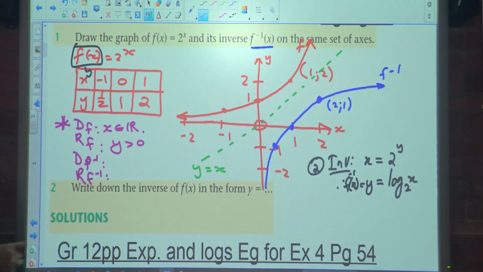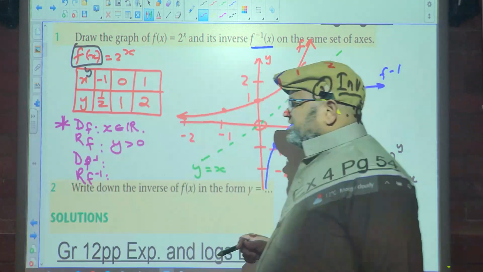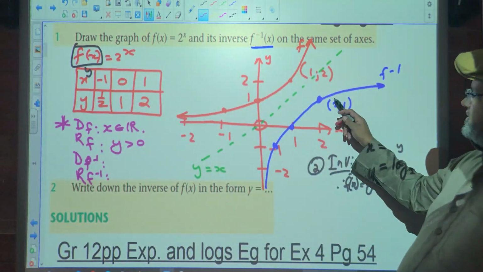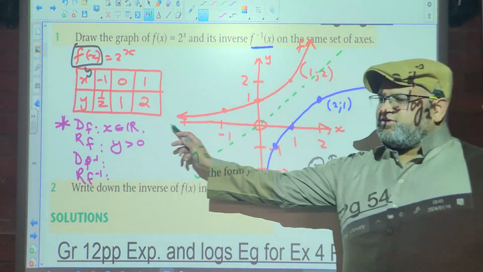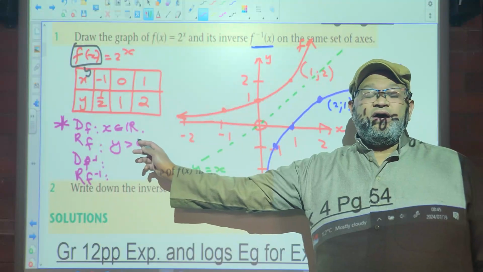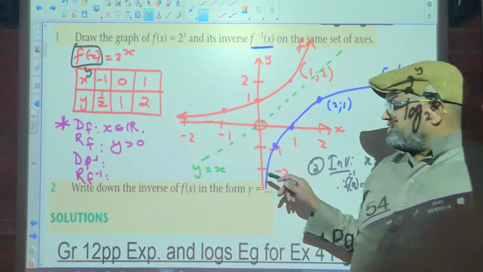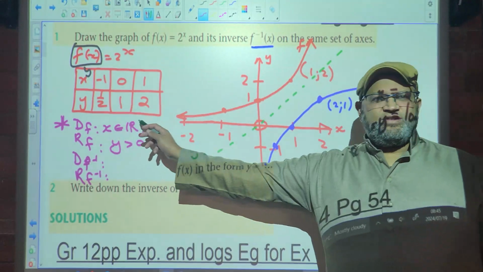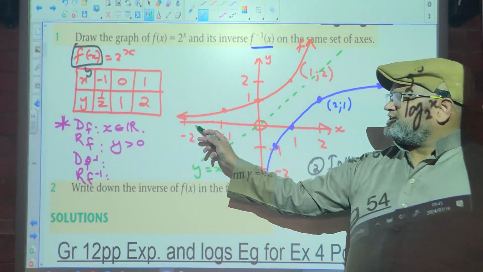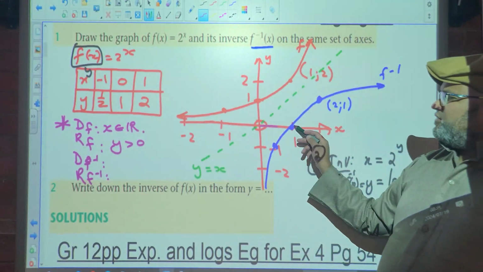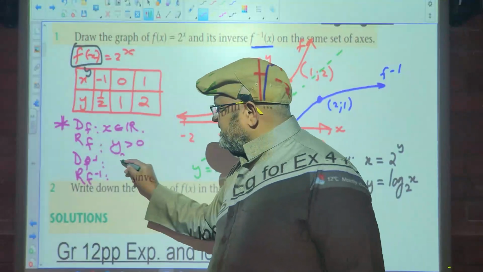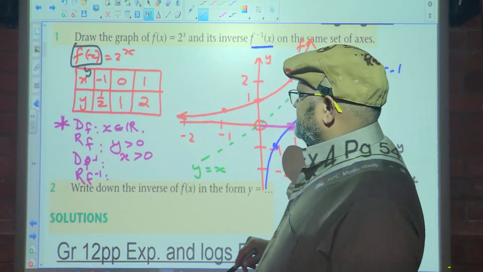Okay. Let's look at the inverse. Does the graph in blue exist at negative infinity? No. Where does it start existing? From 0 onwards. In other words, x is greater than 0.